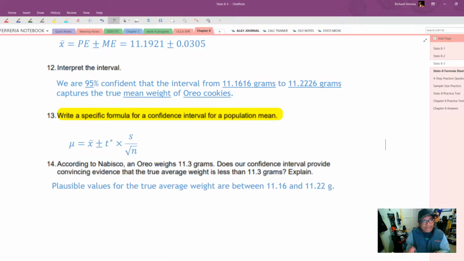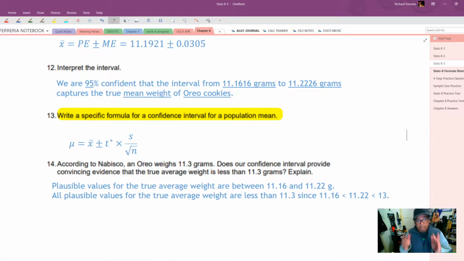And that says that every plausible value for the true average weight is less than 11.3. So if every plausible value for the true average weight is less than 11.3, then that sounds like we have convincing evidence that the true average weight is less than 11.3.